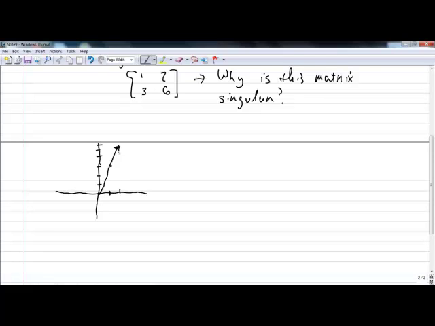Another reason that we can see why this matrix is not invertible, so let me just write.